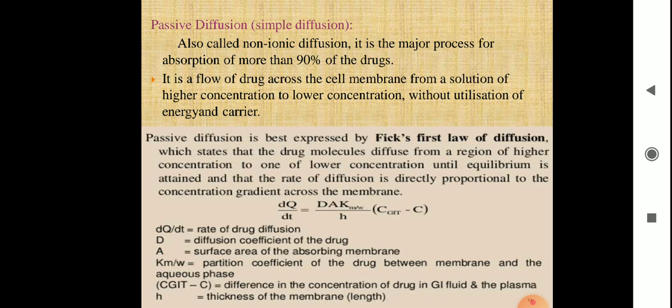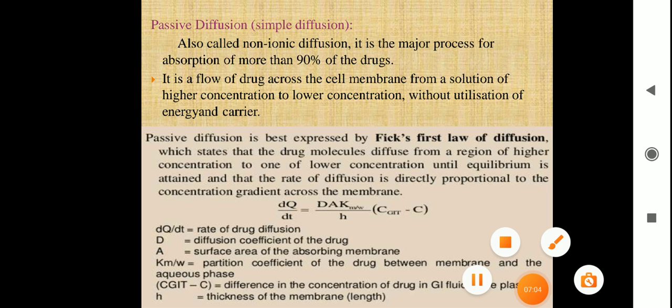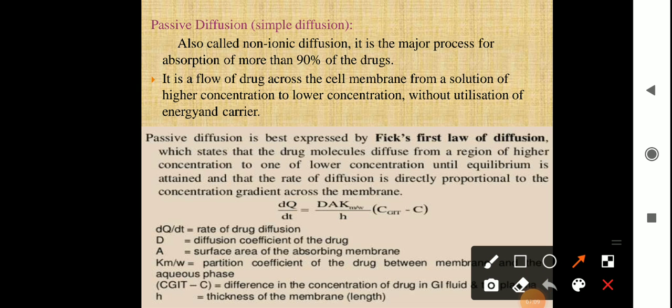dQ/dt = DAKm/w (CGIT - C) / h, where dQ/dt is the rate of drug diffusion, D is the diffusion coefficient of the drug, and A is the surface area of the absorbing membrane.